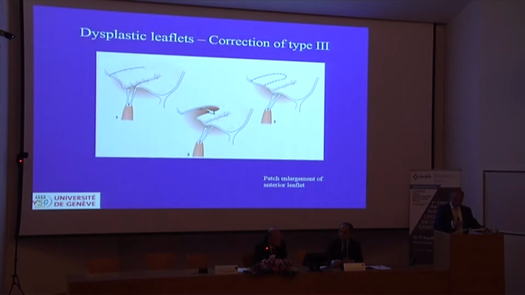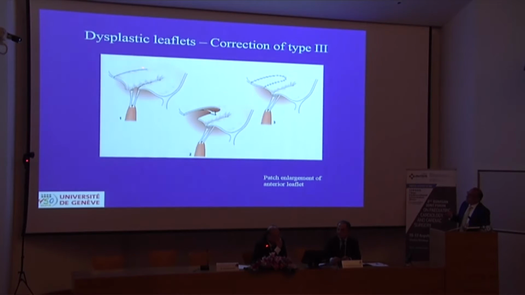Regarding the dysplastic leaflets, for the correction of this dysplastic leaflet, there is not enough valvular tissue. Here, the enlargement techniques are very useful. In the majority of cases, we have to enlarge the anterior leaflet. As you see here, we detach the insertion of the anterior leaflet from the native annulus, and we put a pericardial patch.